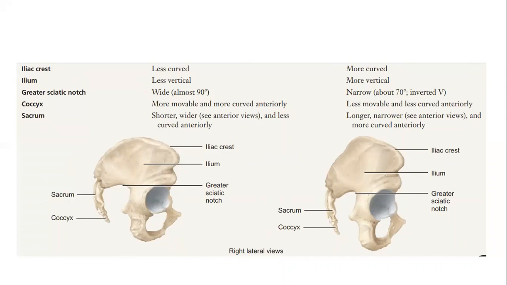The greater sciatic notch in female is wide, almost 90 degrees, while in male it is narrow, about 70 degrees, an inverted V. The coccyx is more movable and more curved anteriorly in female, while in male the coccyx is less movable and less curved anteriorly. The sacrum is shorter, wider, and less curved anteriorly in female, while in male it is long, narrower, and more curved anteriorly.